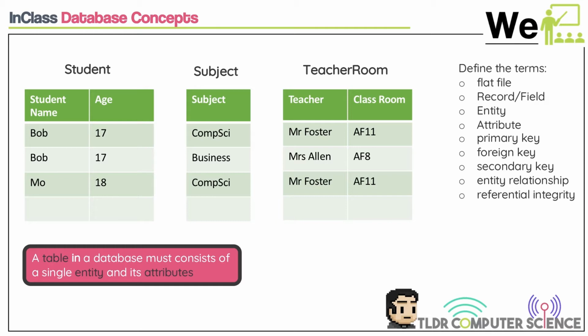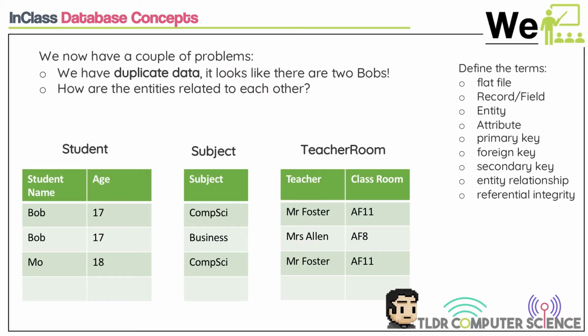Okay. Essentially, what I've created now is 3 separated flat file tables, and great, they all have individual entities. And we have some issues. What are some of our issues? Well, we have a couple of problems. One is we still have duplicate data, do we not?